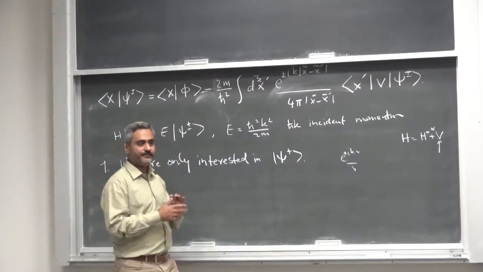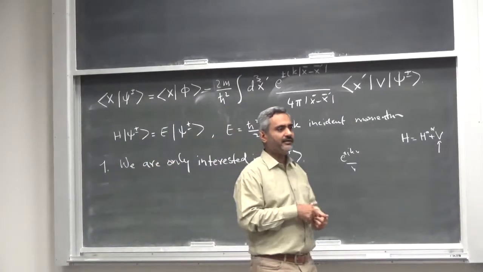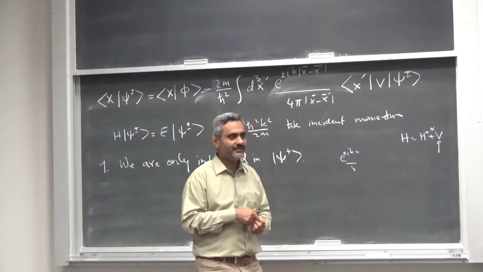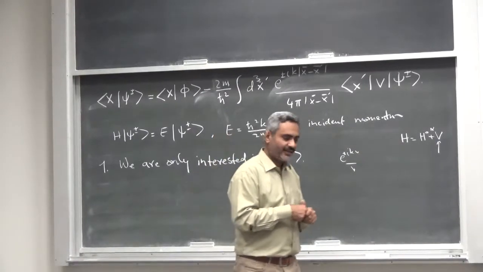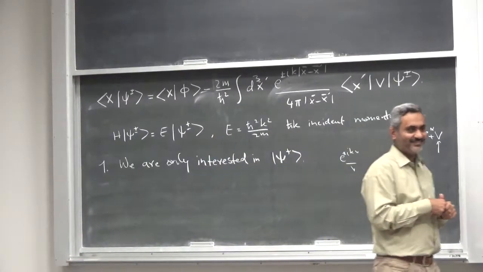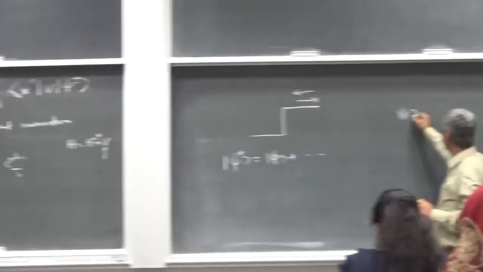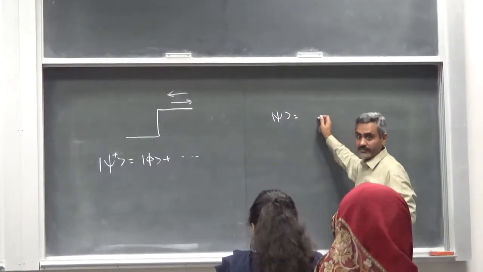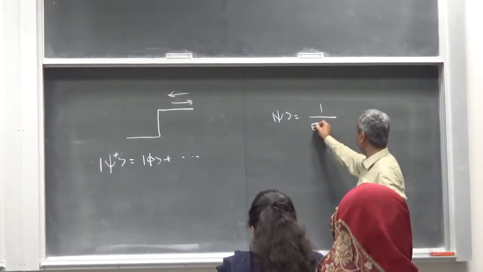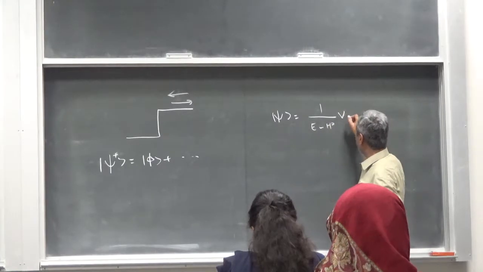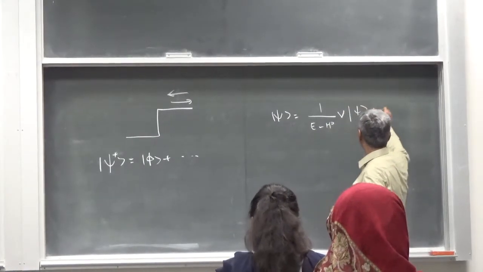So why have we equated psi to phi? Phi is only the incident part, so why have we equated this whole side? I don't know what it is. Sorry, really, I don't understand. So if we go back, you guys remember how we wrote psi? Psi was 1 over E minus H naught V psi plus phi.